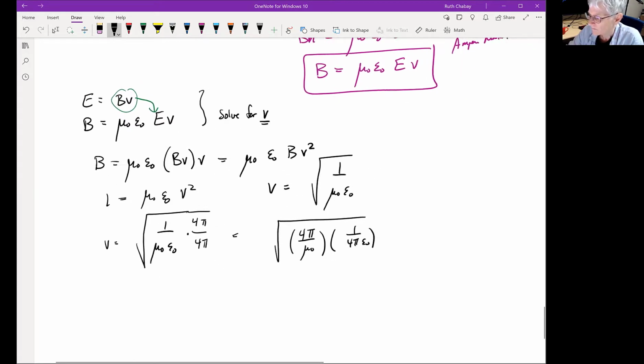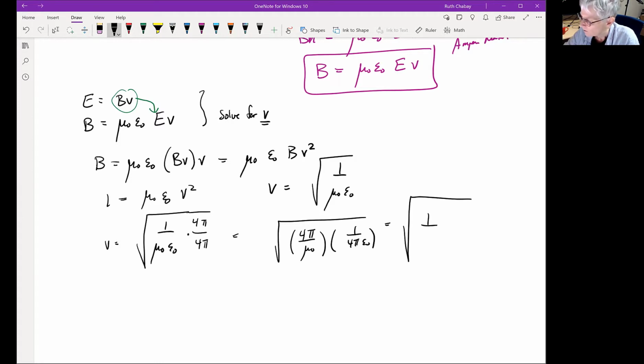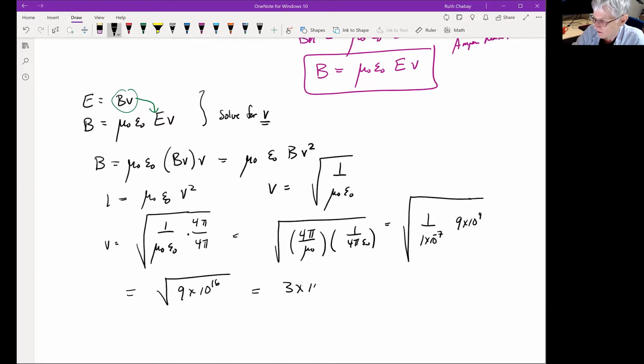And that's going to be equal to the square root of 1 over mu 0 over 4 pi, which is 10 to the minus 7, times 9 times 10 to the 9th. And so it looks like that's the square root of 9 times 10 to the 16th, which is, of course, 3 times 10 to the 8th meters per second.